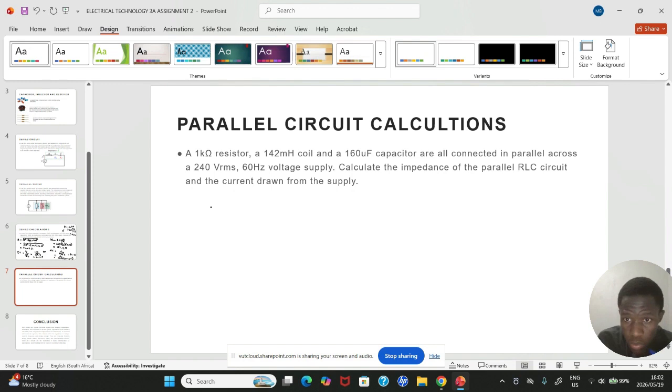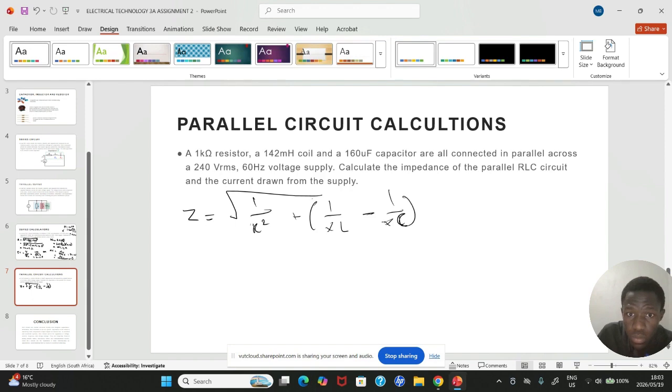The formula to calculate impedance is going to be impedance equals 1 over the square root of 1 over R squared plus 1 over X_C minus 1 over X_L, all squared.